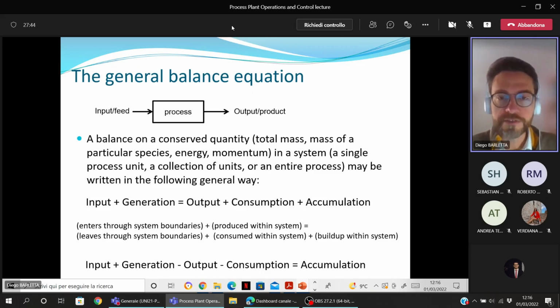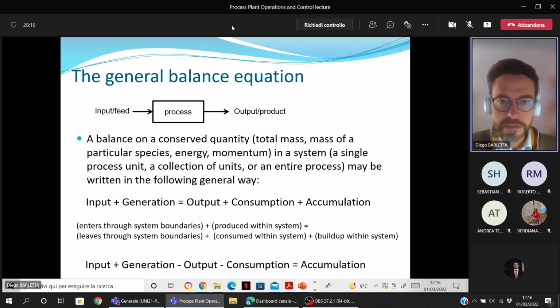So in this equation, and this applies for a general process, process unit, a collection unit, and so on, we can write the equation in this general way. So we can have input plus generation is equal to output plus consumption plus accumulation. So input and output are very clear. It's what enters through the system boundaries and what leaves through system boundaries.